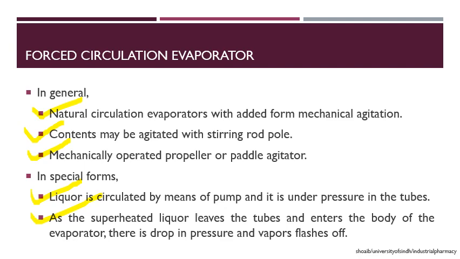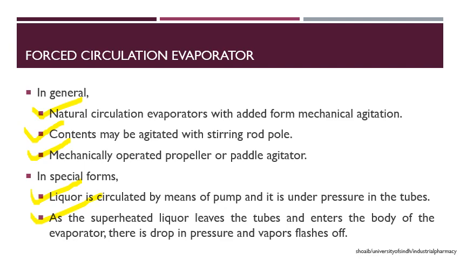Then that liquor that is superheated in a certain container is passed to another container where the pressure is much lower. When the superheated liquid is pumped to a container where the pressure is lower, the vapors will flash off, because the liquid was already heated, but in the next container the pressure is lower, and at lower pressure we know that the liquid will boil at a much lower temperature.